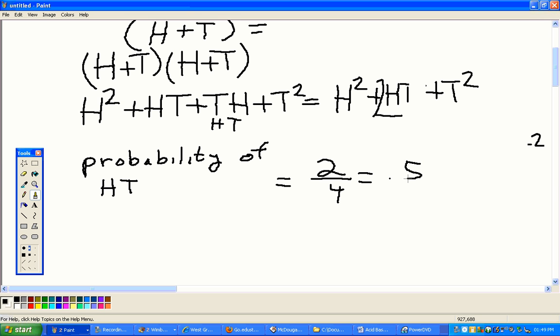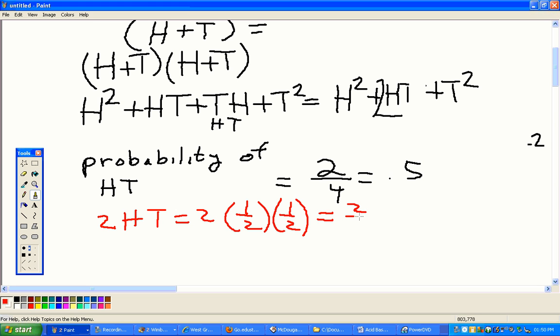Now we also begin to find something else happening with patterns here. We also could have figured this out by putting in the probability of either the head or the tail happening with the 2 in front of them. You're going to get the exact same answer with that pattern.